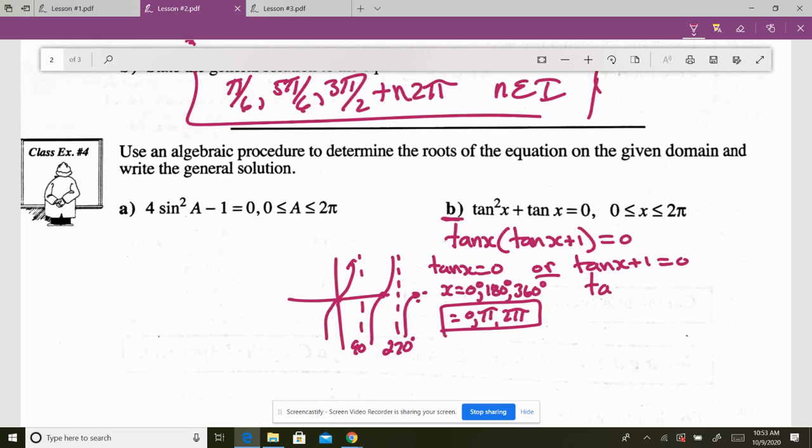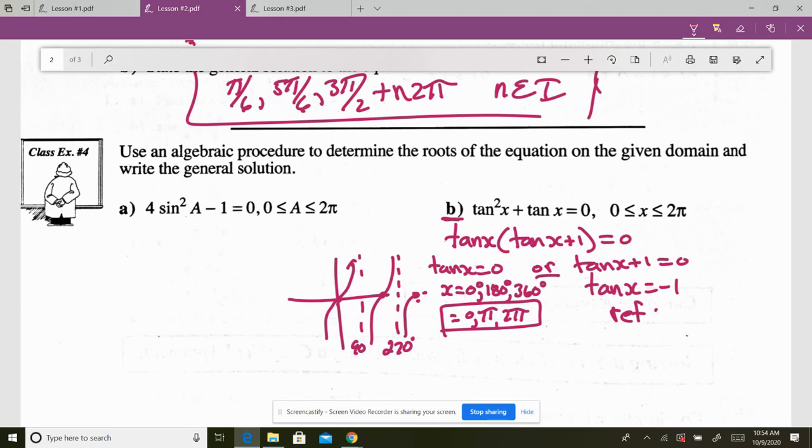Next one, move the 1 over. Tan of x is equal to -1. Anybody know what the reference angle is? You're in rads. 45.